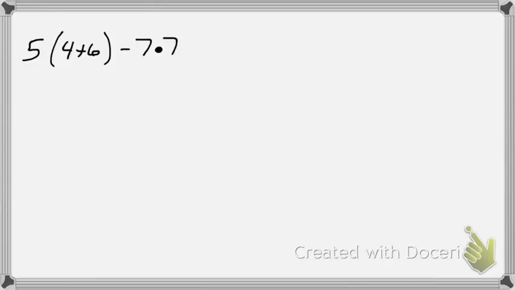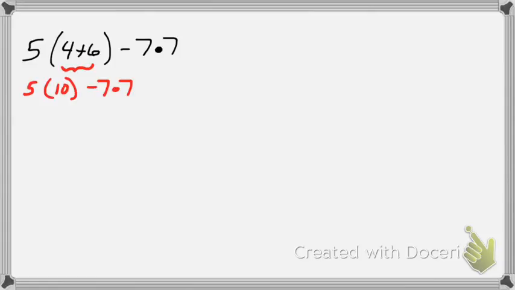Okay, in this one we have 5 parentheses, 4 plus 6, minus 7 times 7. What's your negative sign? Minus 7 times 7. Step 1, parentheses. So the parentheses looks to me to be 4 plus 6. So that is 10.